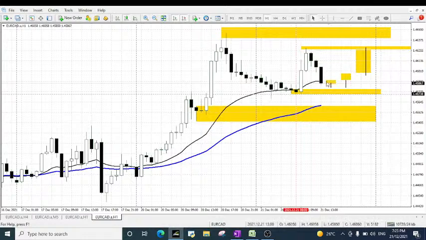We want to be seeing small candles showing that this momentum we used coming into here is being halted.